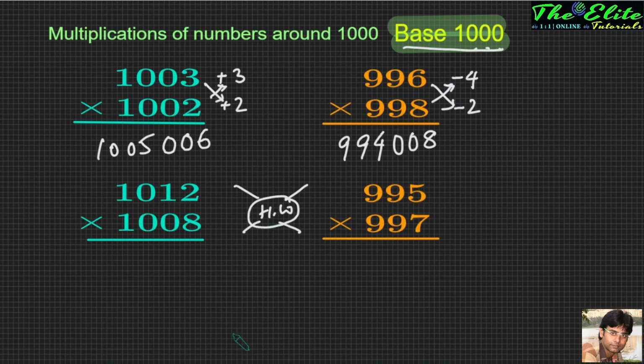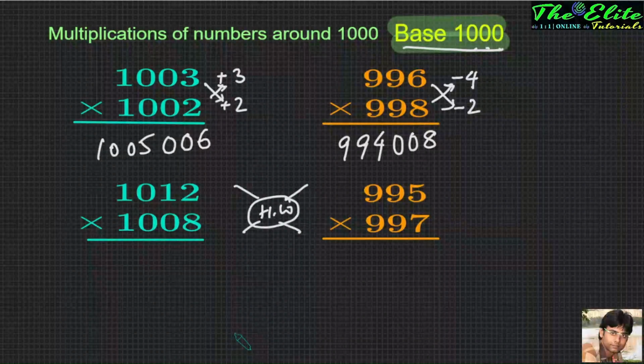Hereafter I want you to get introduced to numbers on the base of 10,000. As I told you, you can increase the bases. The numbers will be bigger, but you have to follow the same rule and you will get the answer still in 2 seconds.